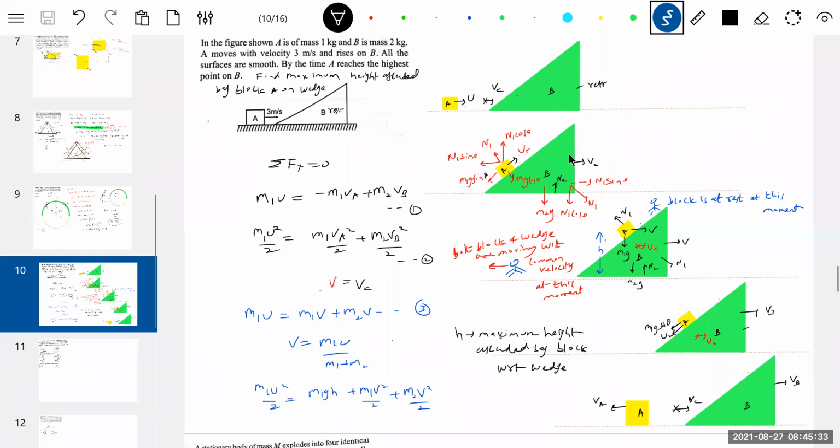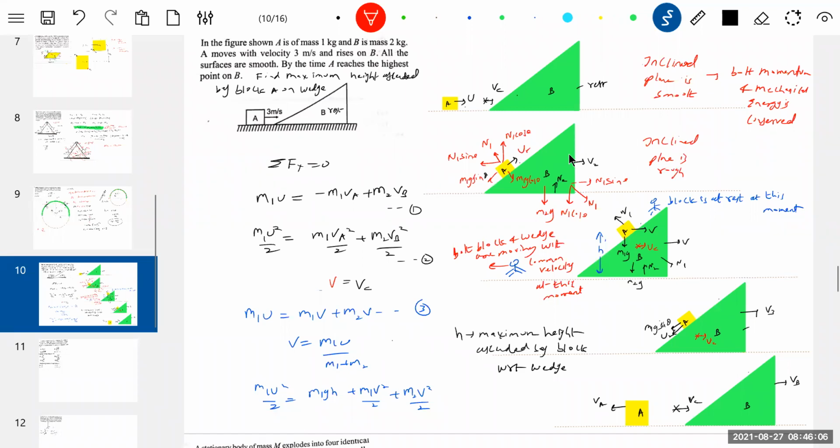Inclined plane rough: momentum is conserved, mechanical energy is not conserved.